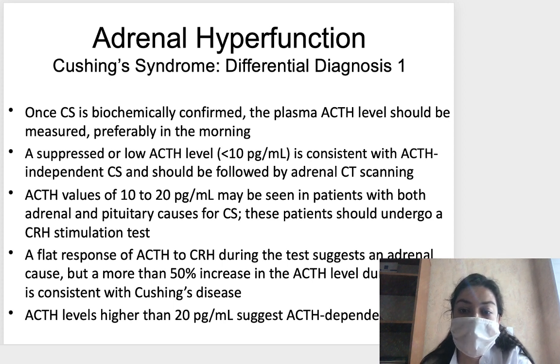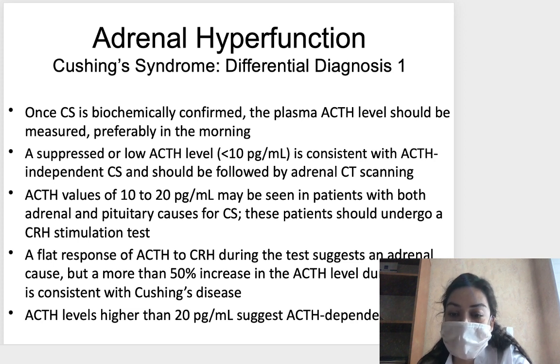These patients should undergo a CRH stimulation test. A flat response of ACTH to CRH during the test suggests an adrenal cause, but a more than 50% increase of ACTH level is consistent with Cushing's disease. ACTH levels higher than 20 picograms per milliliter suggest ACTH-dependent Cushing's syndrome.